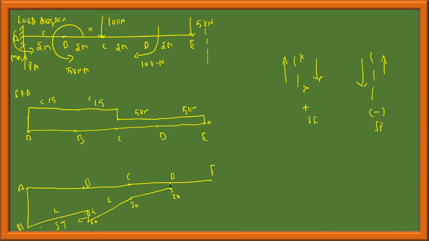Shear force is constant. Bending moment, since there is a moment, will suddenly jump to minus 10 like this, and it will go linearly up to 0. This is a straight line, minus 10 to 0. You assume that this is a straight line, and 0.